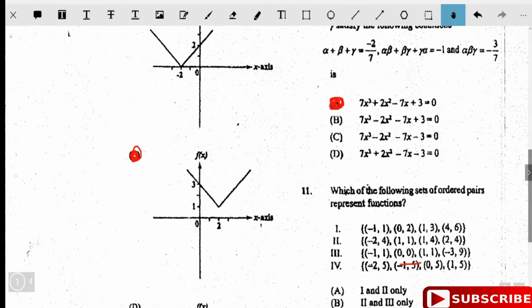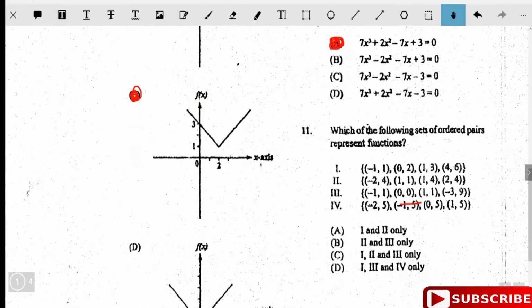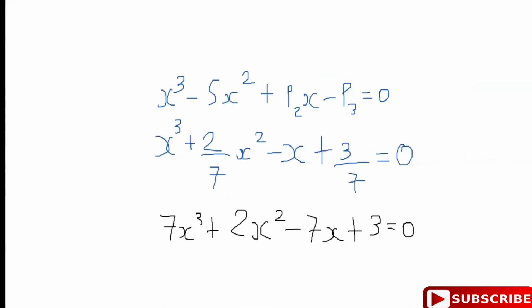All right. Question 11. It says, which of the following sets of ordered pairs represents a function? So the first thing I would do is to look for which one is not a function. First of all, what is a function?